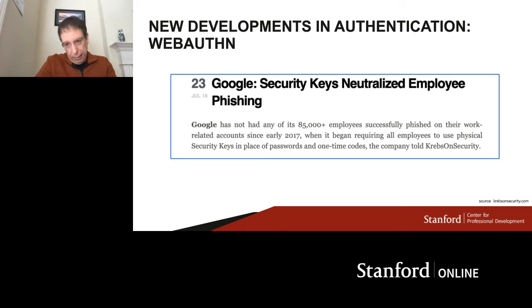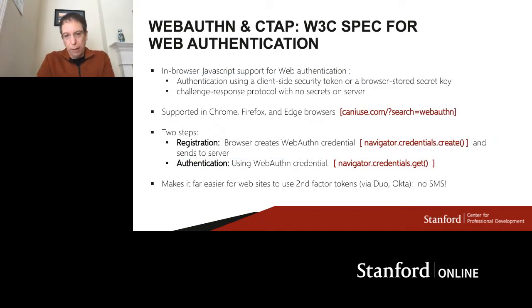Again, I wanted to talk about a few things that have happened in the space. One interesting development with second-factor tokens is the WebAuthn and CTAP standards. I hope you can read the font here. It's a little small, but basically what WebAuthn does is it brings native support for second-factor authentication to the web. In particular, it adds in-browser JavaScript support for interacting with these second-factor tokens.